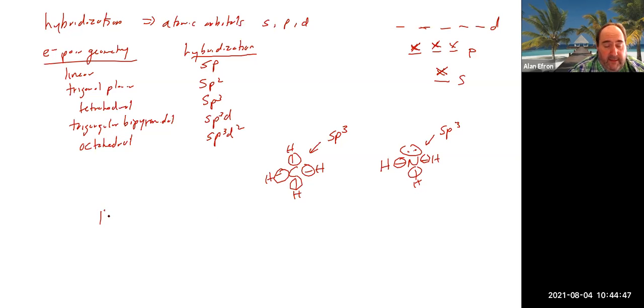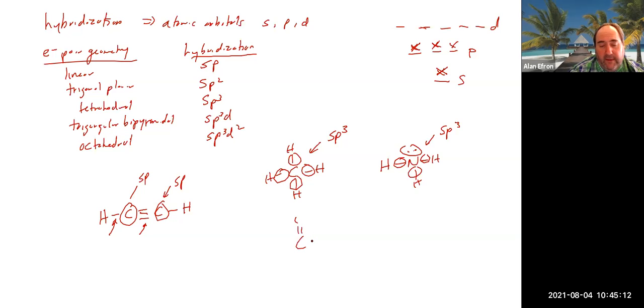If you had something like this carbon here, it has 1 electron pair. Again, a triple bond only counts as 1 electron pair. So that's 1 and 2, which means this guy here would be sp. This guy over here would also be sp in this particular case.